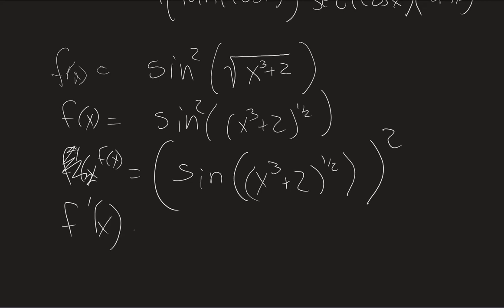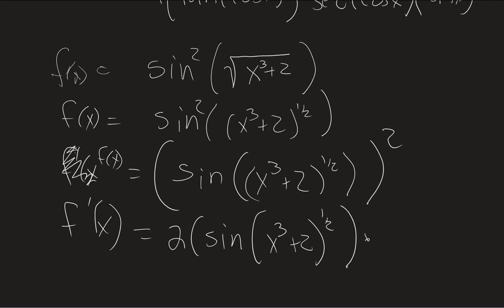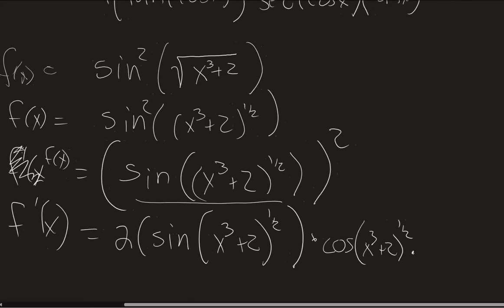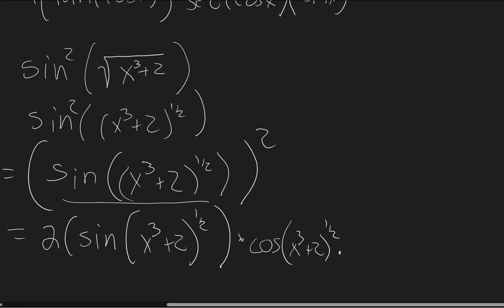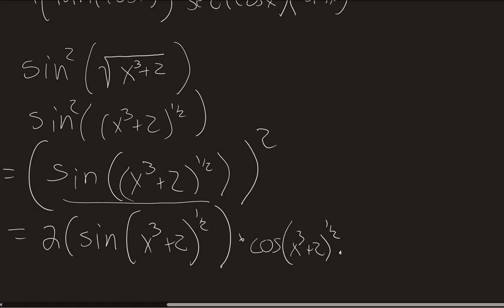Now times the inside function, so this is the inside function, and that's sine, so the derivative of sine is cosine, and I don't change this, x to the third plus 2 to the 1/2, times, now I take the derivative of the inside of this, which is x to the third plus 2 to the 1/2, so it's the inside function.